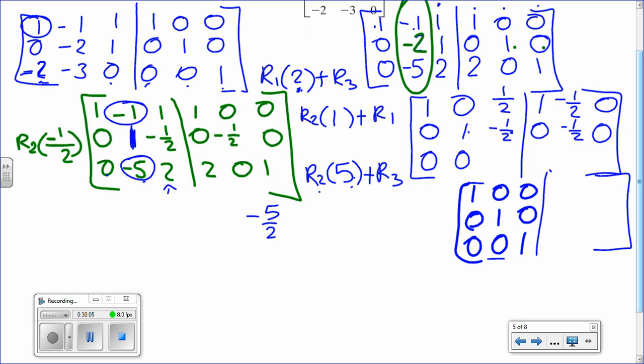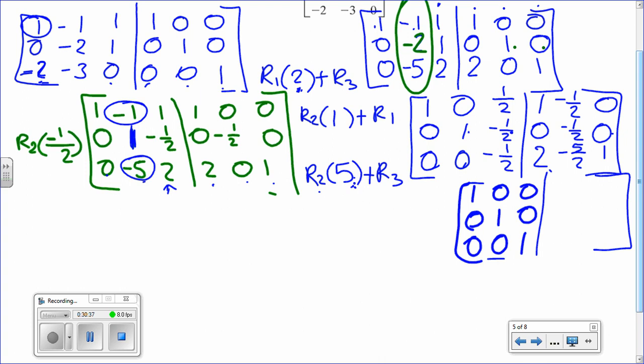And then plus 2, a total of negative 1 half. Okay, and then 5 times 0, 0. Plus 0. 5 times negative 1 half, negative 5 halves. And then 5 times 0, plus 1, 1. Okay, we're almost there, I promise.